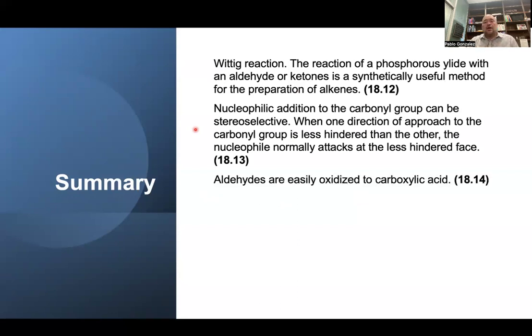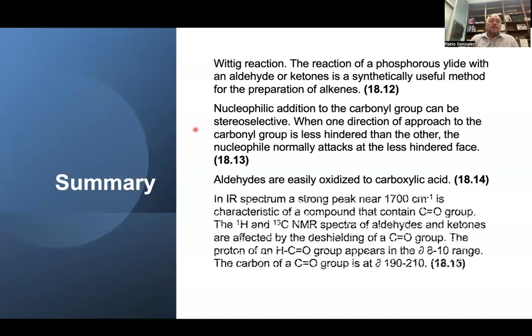Aldehydes are easily oxidized to carboxylic acids under any kind of oxidative conditions. In the spectroscopy part, in the IR, you have a strong peak around 1700 for the stretch of the carbonyl group. We also saw the two possible signals that we can have for aldehydes, below 3000, around 2700 and 2800.